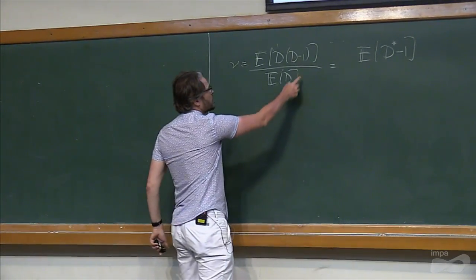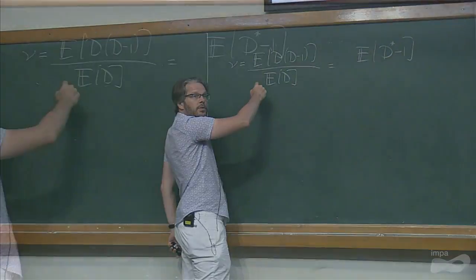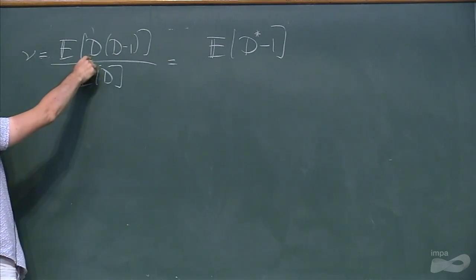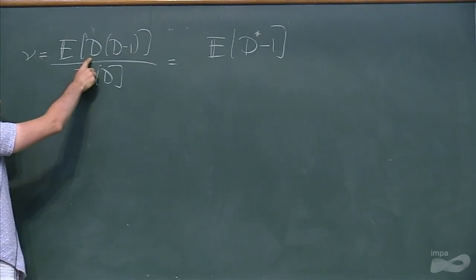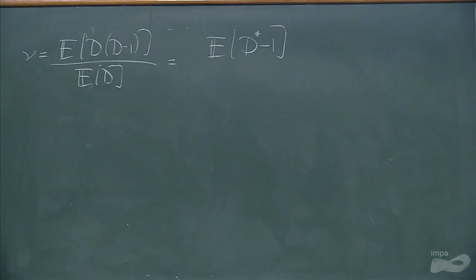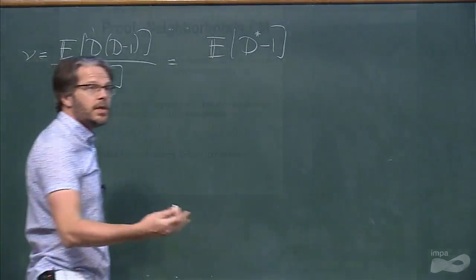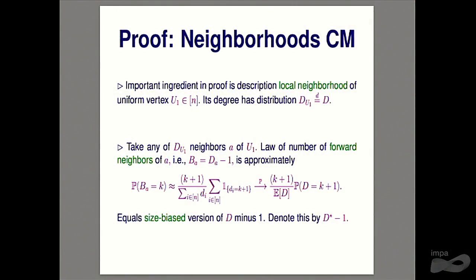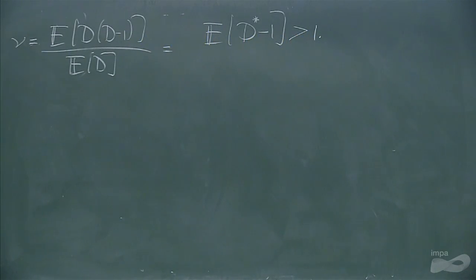You get this extra expectation in the bottom by reweighing the probabilities, and you get this size biasing, which accounts for this. So you indeed get that this is the relevant parameter. And in this part of the game, we're always assuming that this is larger than 1. Otherwise, there's no giant component. All right. Now this, of course, is a bit intuitive. And the question is how to make this more precise.